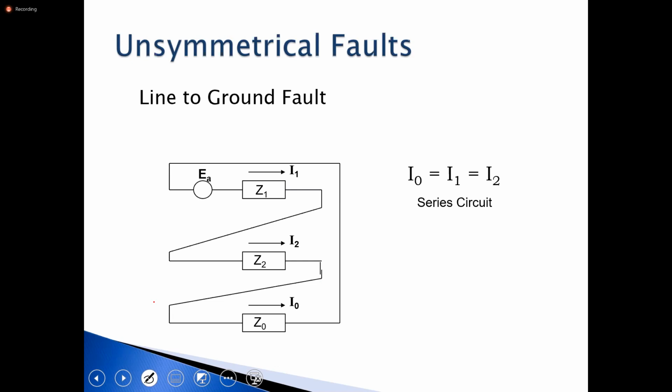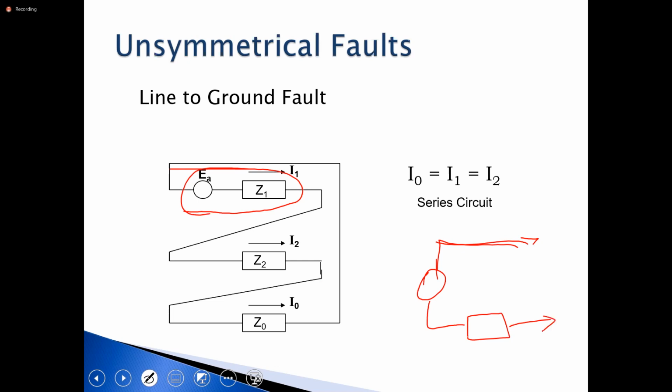So for your positive sequence, this would be a positive sequence network. Now it must have the generator, because the generator, in terms of the representation, if you recall, you had I1 flowing out.